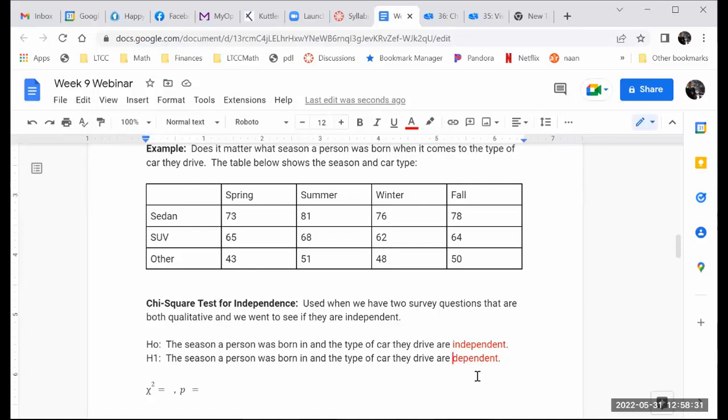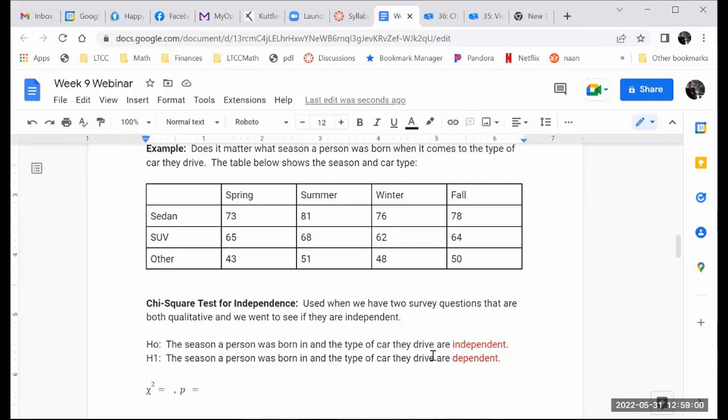Just to let you know, if you switch independent and dependent, that's the worst mistake you can ever make, because then you're going to end up with exactly the wrong answer. Does that make sense? And you don't want that. That's the worst mistake you can make in the real world, to switch those two. Any questions on this?